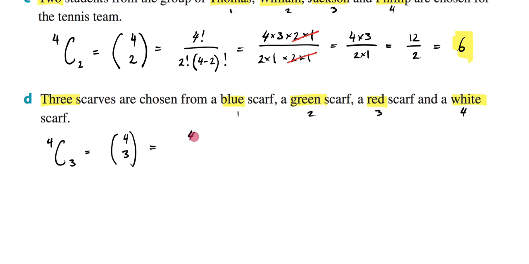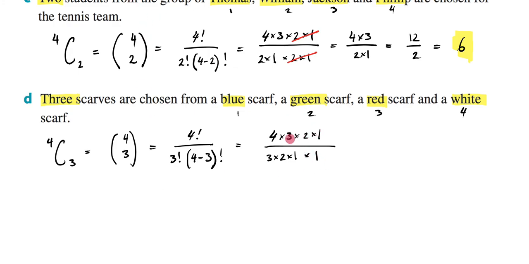That is 4 factorial over 3 factorial, 4 minus 3 factorial, which is the same thing as 4 times 3 times 2 times 1 over 3 times 2 times 1. 4 minus 3 is 1, so that's just going to be 1 factorial, which is just 1.